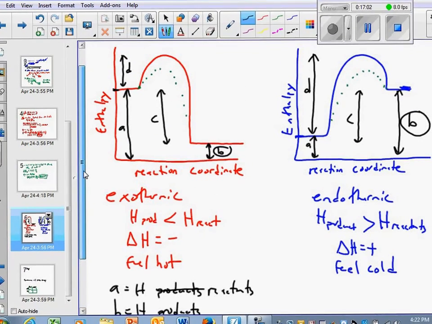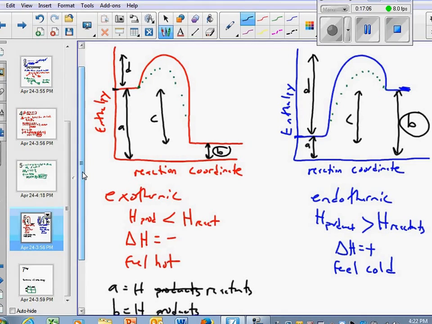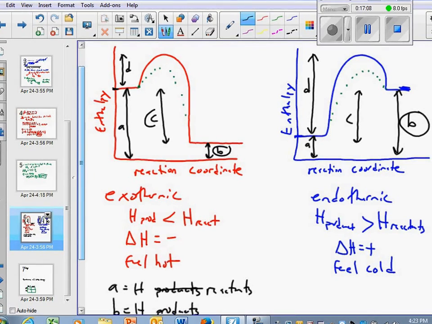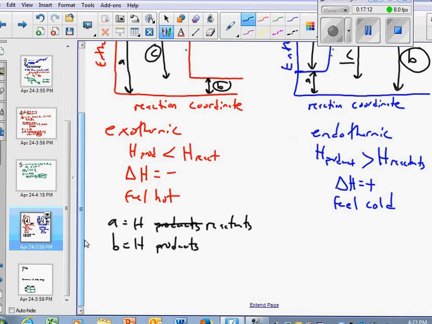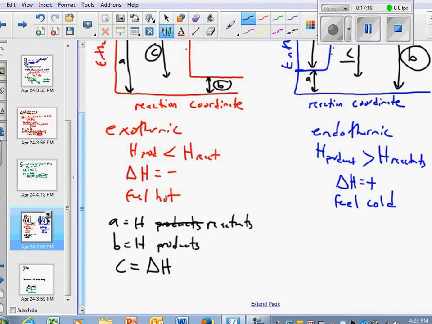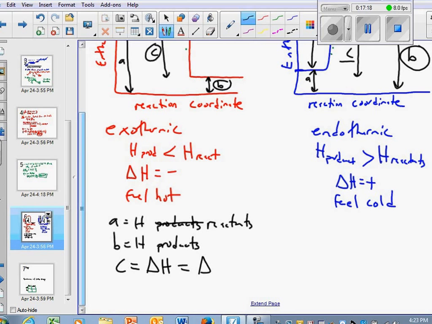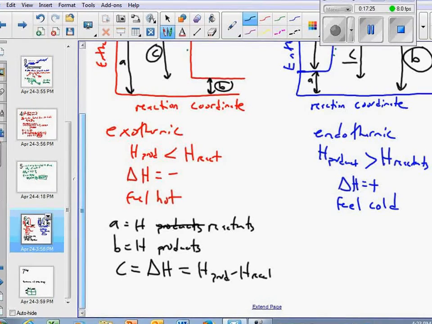A nice simple thing to figure out is how much energy the reaction used or took in. So that's letter C on both of them. C is delta H, or the enthalpy, and it is defined as the heat of the products minus the heat of the reactants.